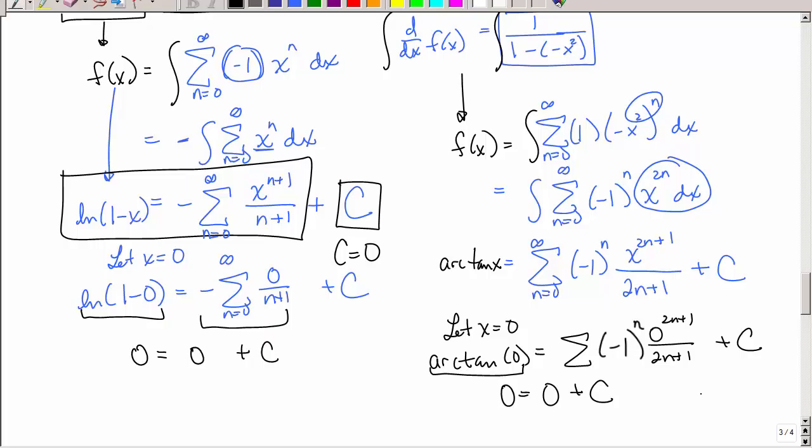Now be careful, that is not true in every case. It's nice when it is, but not true in every case. So arctan of x is equal to that power series. You actually can use that power series to get the value of pi. My challenge is to see how that would work out.